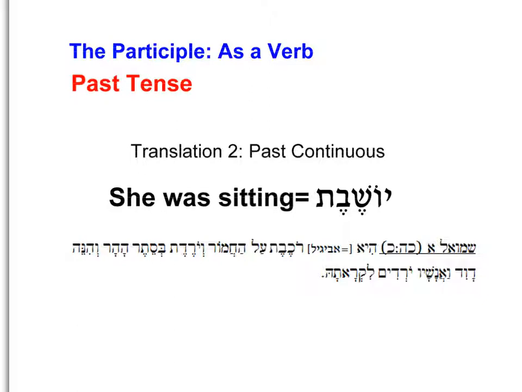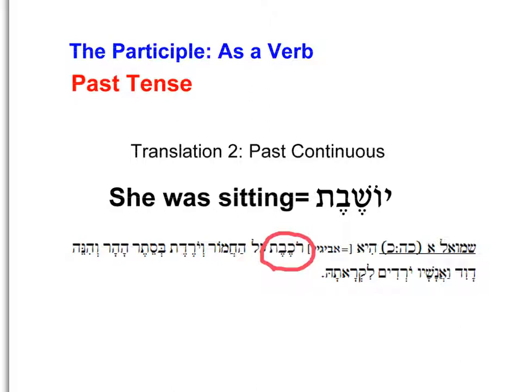So here we have a case where Abigail is trying to stop David from killing her husband. So here we have the pasuk: she, meaning Abigail, rochevet al hachamor. So what's rochevet? Rochevet is a participle, rhymes with shomeret.